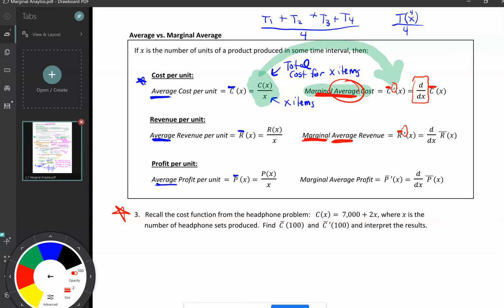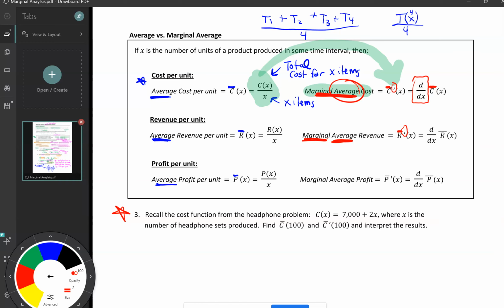Okay, recall the cost function from the headphone problem. So the one we were doing, I think they were actually earbuds. I think I changed them to earbuds. I was trying to modernize it a little bit. Was it earbuds? I hear a little chime. Yeah, it was earbuds. Okay, let's change that to earbuds because it's the same cost function that we did way at the beginning of the packet.